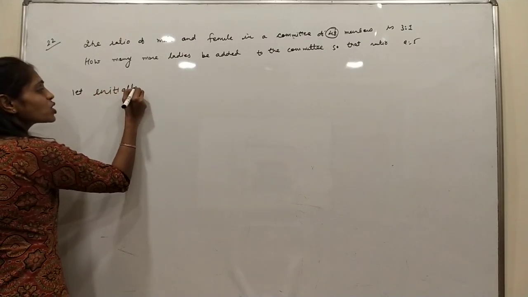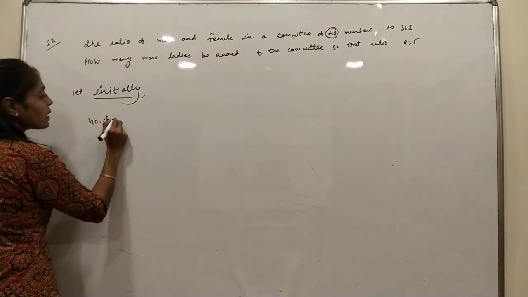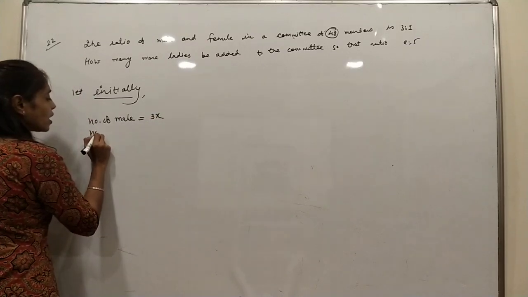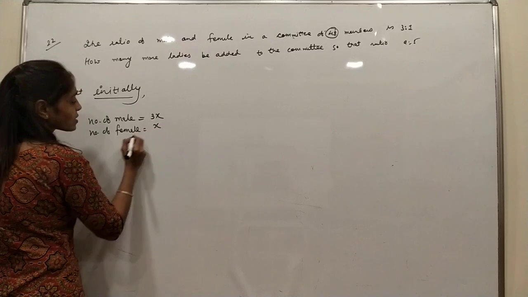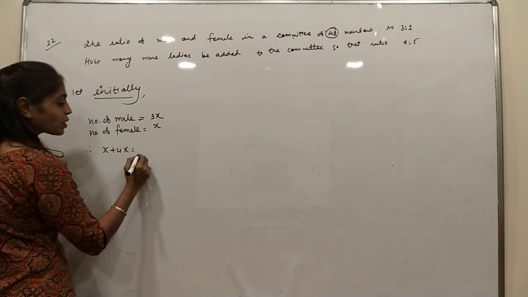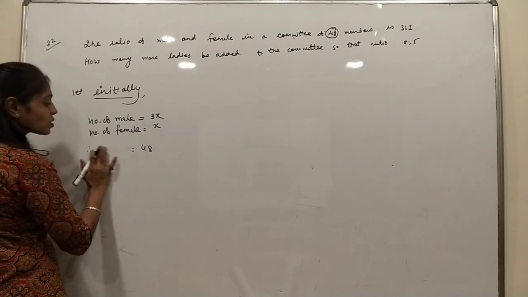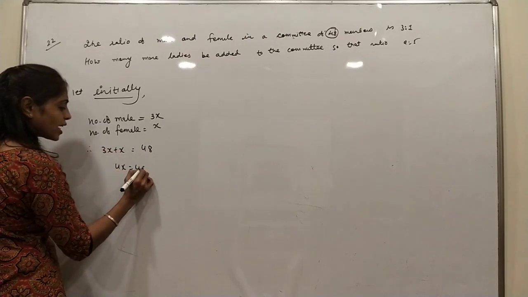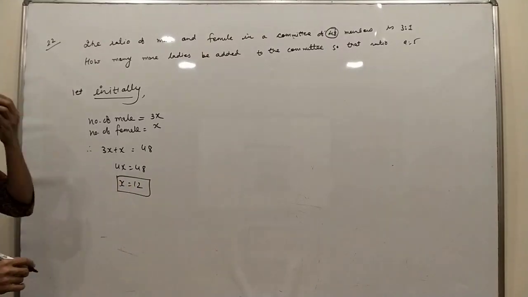You can also make it with another method, this is a slightly different way of starting. Initially number of male equal to 3x and number of female equal to x. So 3x plus x, that is the total committee members, and that is 48. So 4x is equal to 48. So x is equal to 12.